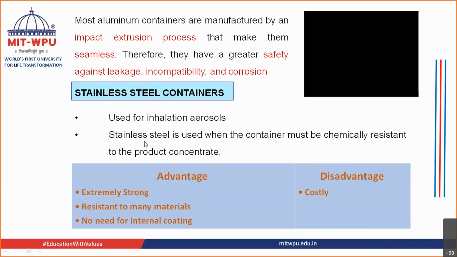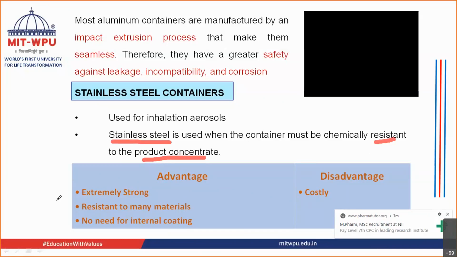Stainless steel is used when the containers must be totally resistant to your product, to your formulation. When you want this property, then basically you go for stainless steel containers. They have great advantages. One advantage is that it is extremely strong, but it is heavy in weight.